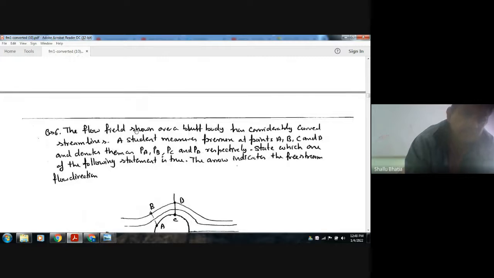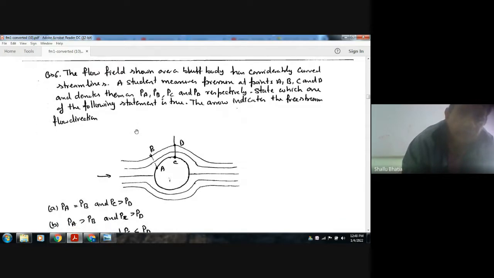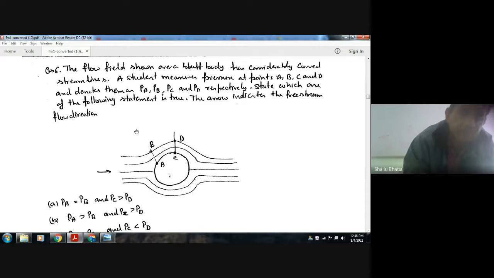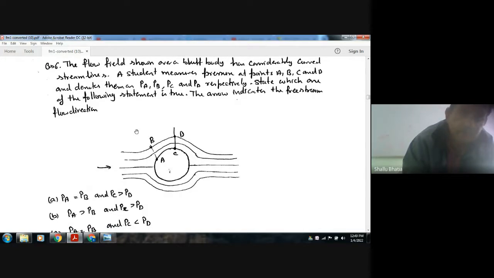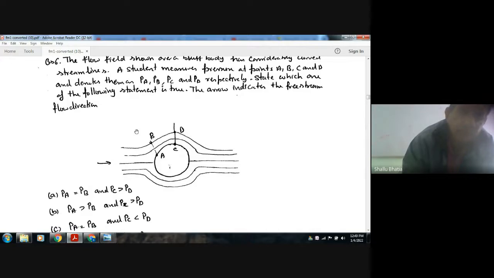Next question. The flow field shown for a bluff body has considerably curved streamlines. A student measures pressure at points A, B, C, and D and denotes them PA, PB, PC, and PD respectively. State which one of the following statements is true.